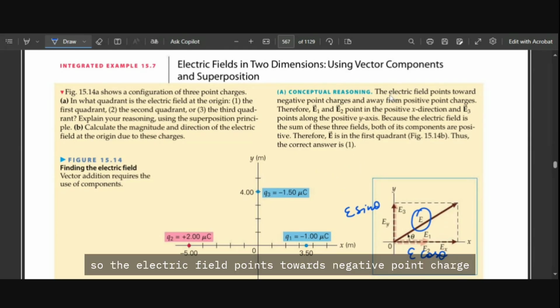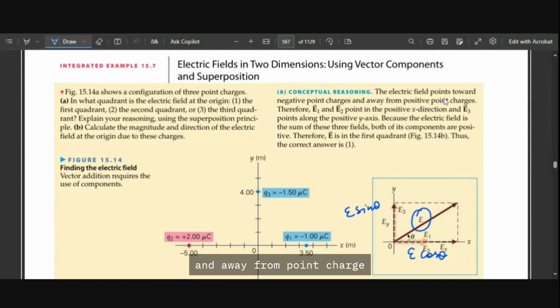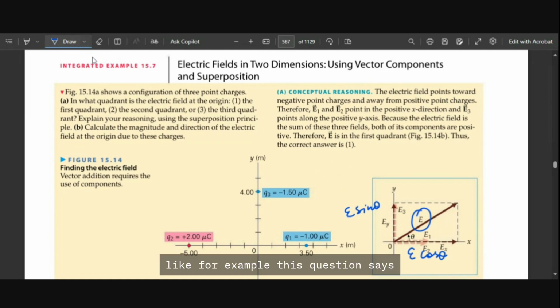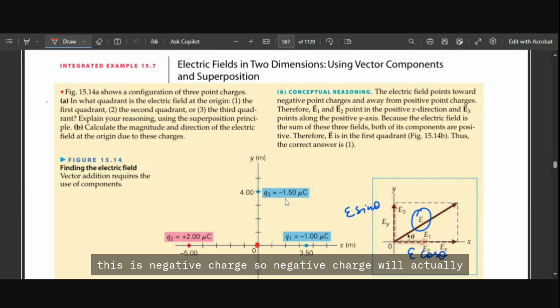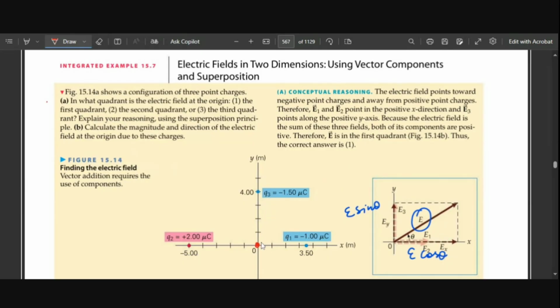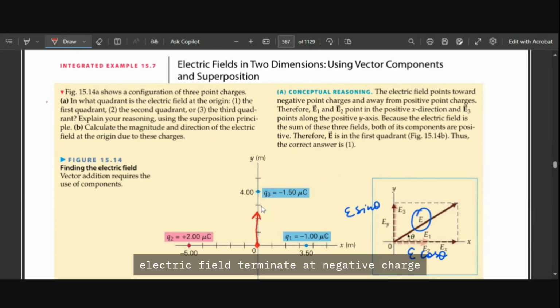The electric field points towards a negative point charge and away from a positive point charge. If we try to understand how the electric field acts at the origin, and in which quadrant it is going to exist: this is a positive charge, and this is a negative charge. The electric field terminates at the negative charge, so the field is going to exist in this particular direction.